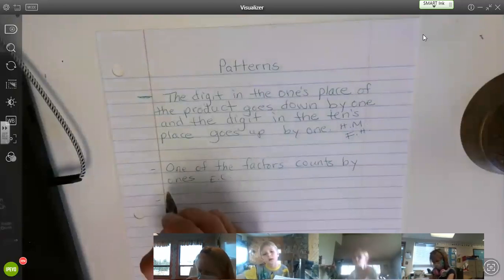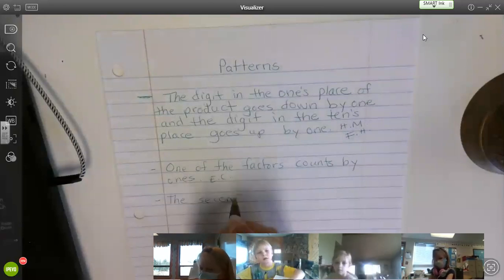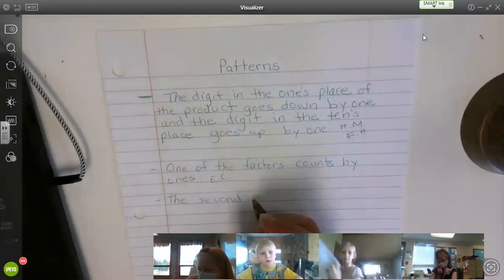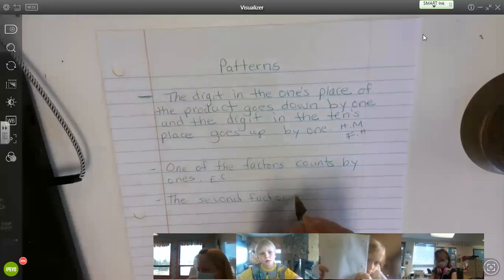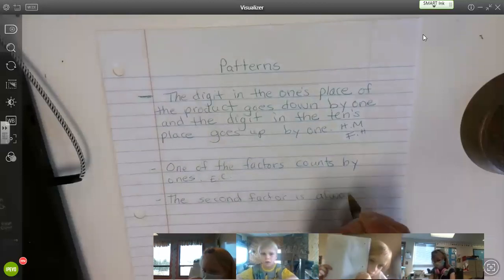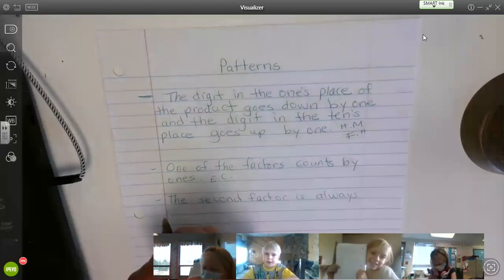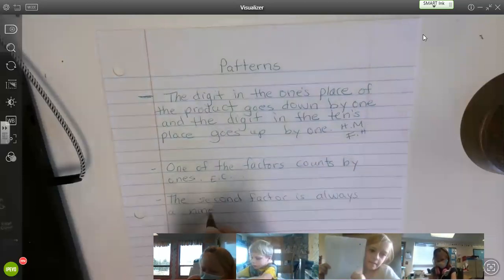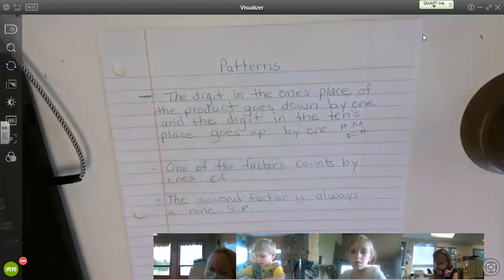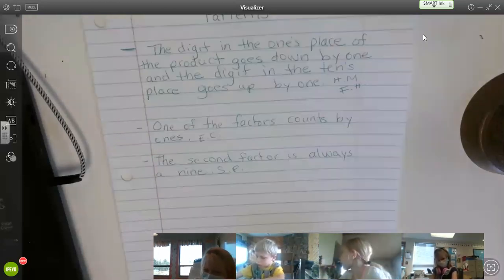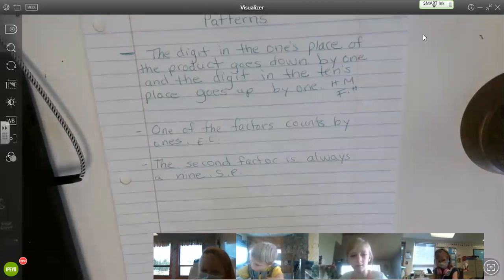I love how you guys are getting so comfortable using your new vocabulary. Haley might have one to share as well. Haley, can you unmute and share with us? No? Okay, that's okay. We thought you had your hand up.